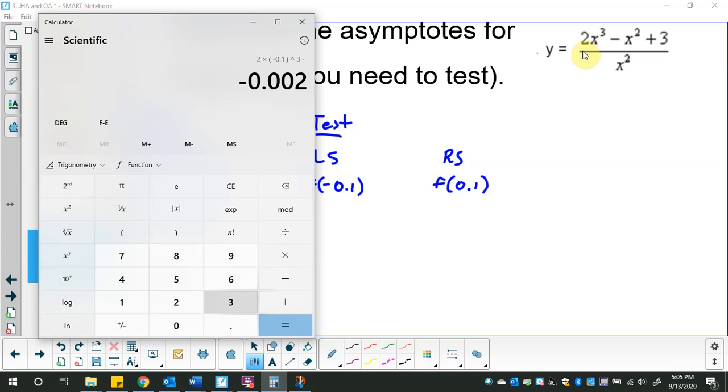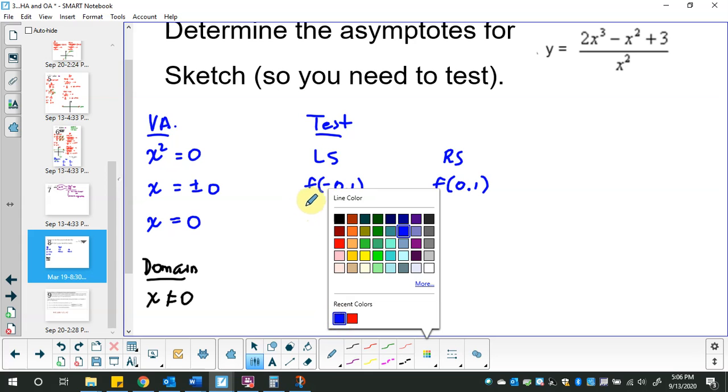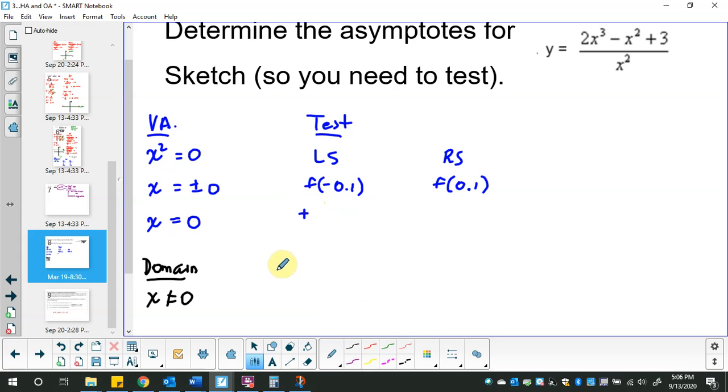Minus bracket 0.1 negative bracket squared plus 3 equals, and I get a positive number. Am I ever glad right now that we don't have to worry about actual values? I can take any number and square it and end up with a positive. So we end up with a positive result, which means up.